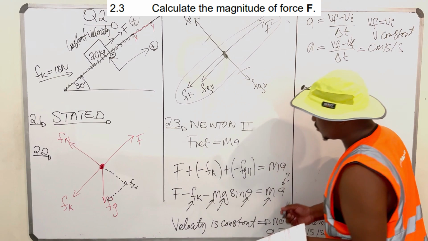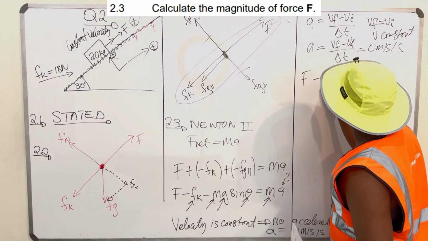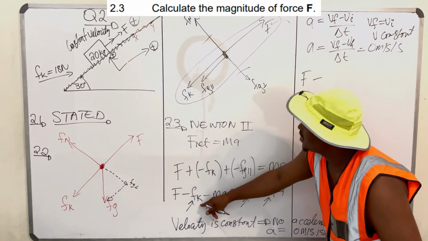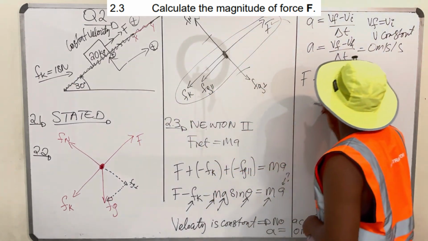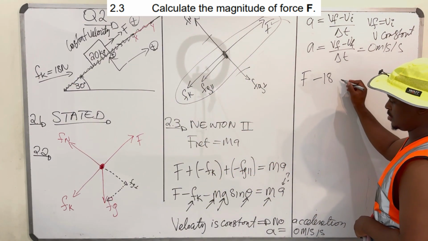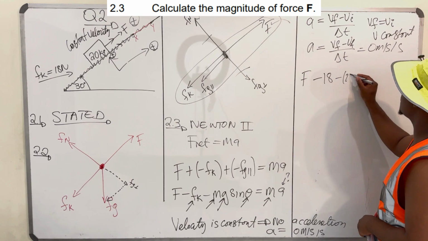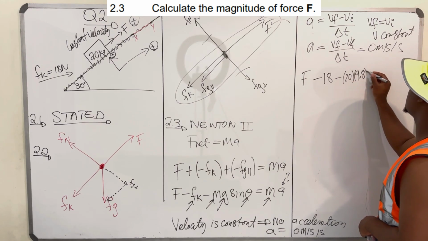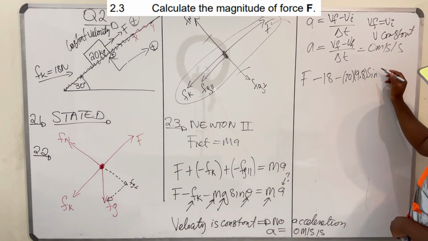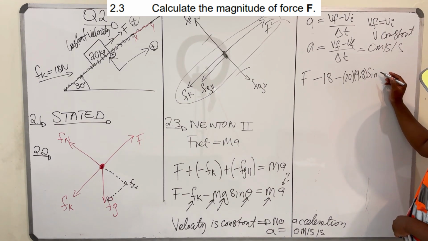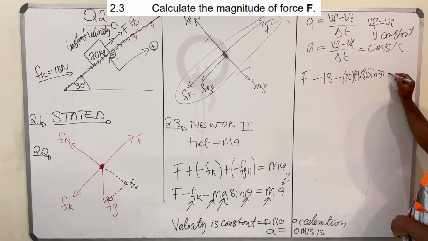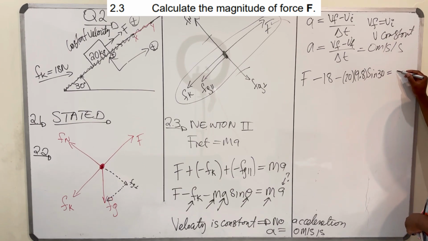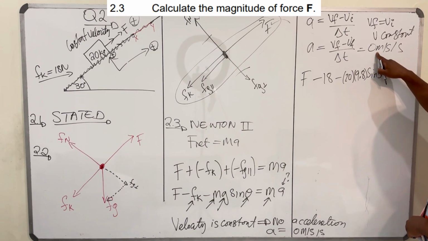Now we can continue. So our F minus Fk. We're told that our kinetic friction is 18 newtons, minus mg, which is 20, times g, which is gravitational acceleration, 9.8, times sine 30 degrees, is equal to 0, because your acceleration is 0.